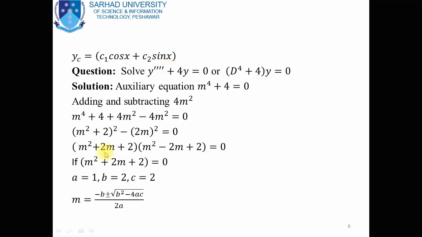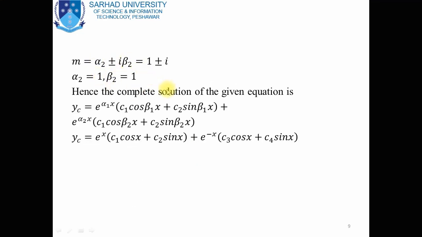And if we consider the other equation and solve this quadratic equation by using the quadratic formula, then we obtain other complex roots.